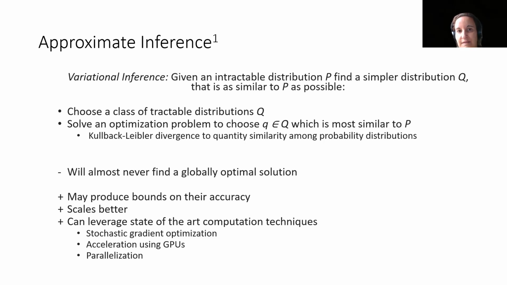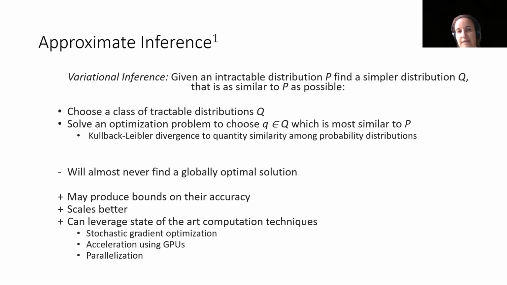So basically, with variational inference, if we can find this simpler probability distribution, then we substitute our original probability distribution with this simpler one, which we can solve analytically. And usually this simpler probability distribution is some form of a multi-dimensional normal.